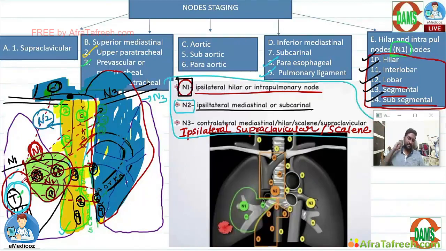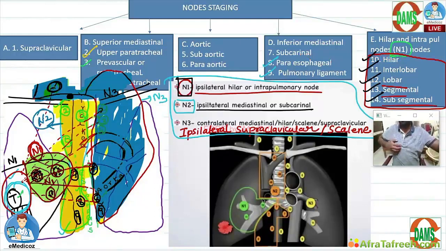N1 means involvement of lymph nodes in the substance of the lung, so hilar intrapulmonary lymph nodes. If tumor is here somewhere and only these lymph nodes are involved, this is N1. Tumor is here and the same side mediastinal subcarinal lymph nodes are involved, it is N2.